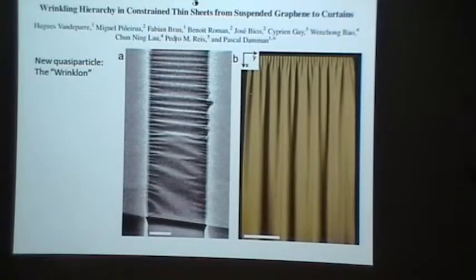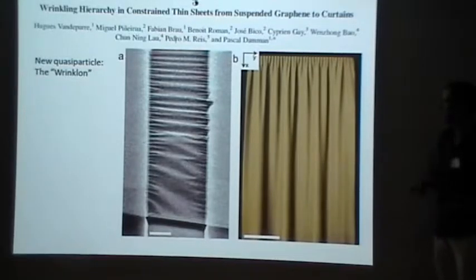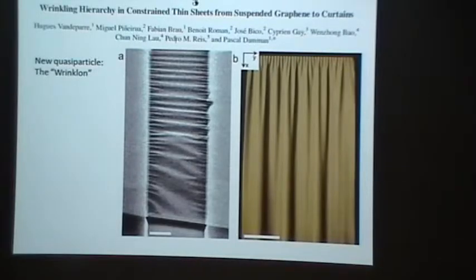So they associate this as bilayer graphene and this is a curtain. They introduce a new sort of quasi-particle which seems to scale to various length scales. So I would like to stop the discussion of the graphene here and say that I think that will win the Ig Nobel Prize this year.